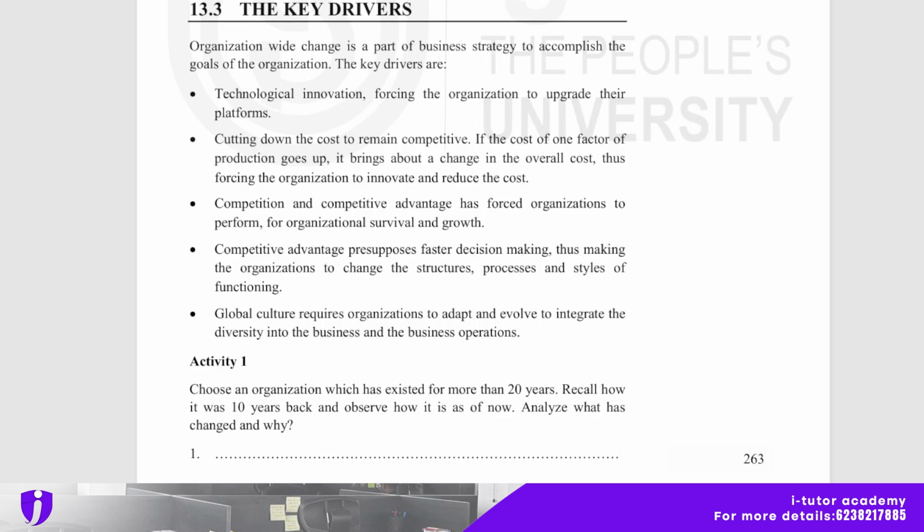Competition and competitive advantage has forced the organization to perform for organizational survival and growth. And competitive advantage presuppose faster decision making, thus making the organizations to change the structure, process, and style of functioning. And global culture requires organization to adapt and evolve to integrate the diversity into the business and the business operations.